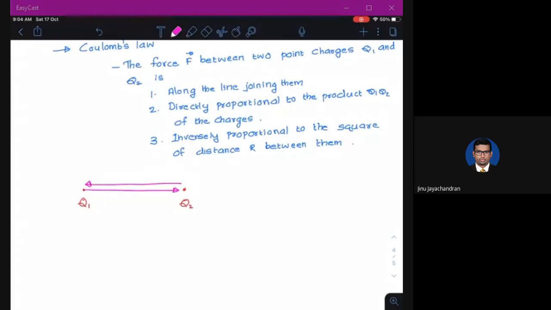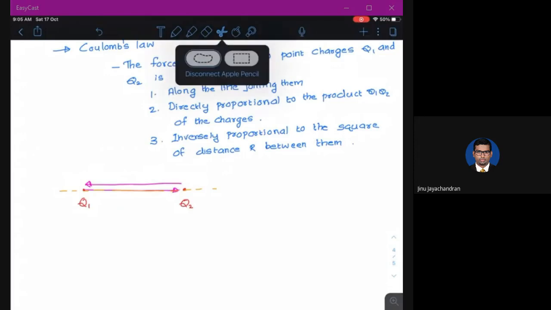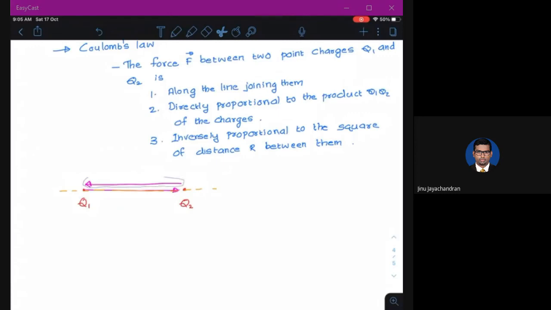And the force applied will be along the line joining them. So if you draw a line like this, the force applied by q1 on q2 and q2 on q1 both will be along the line joining them. Sorry, the force which I have drawn above the line will actually be along the line.